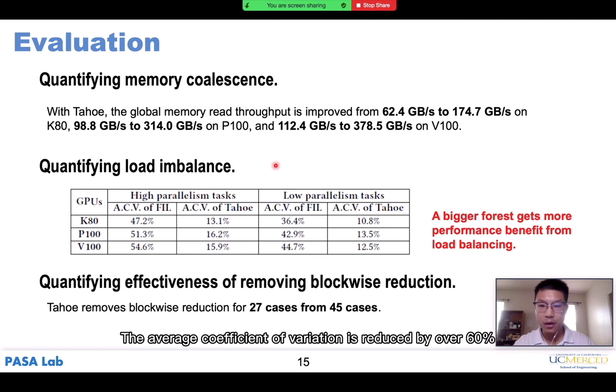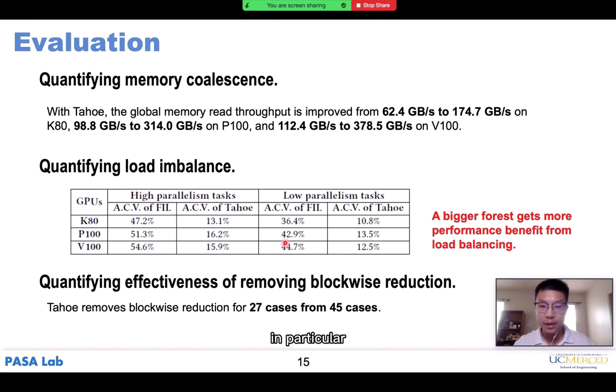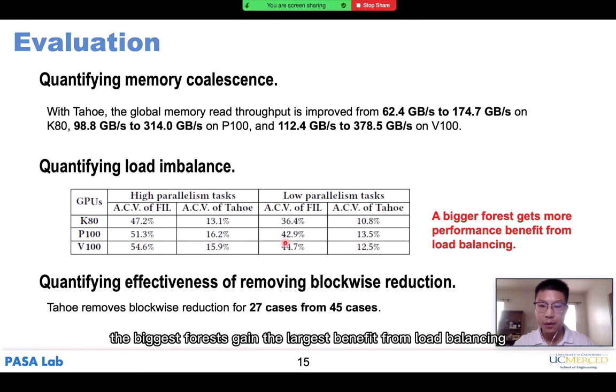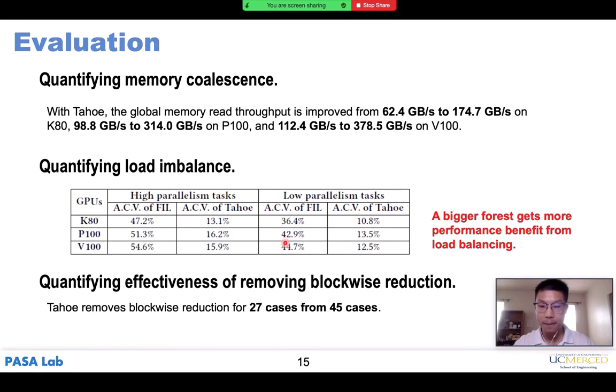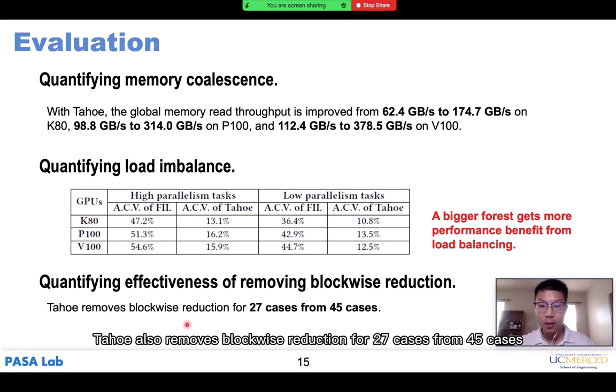The average coefficient of variation is reduced by over 60% on 3 generations of GPUs. In particular, the biggest forests gain the largest benefit from load balance because there is a large variance in these forests. Tahoe also removes block-wise reduction for 27 cases out of 45 cases.